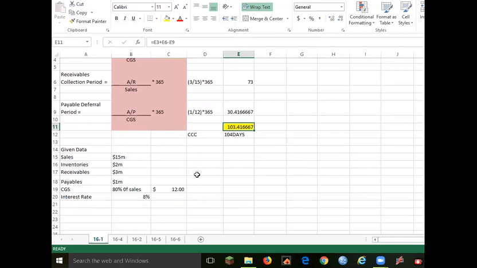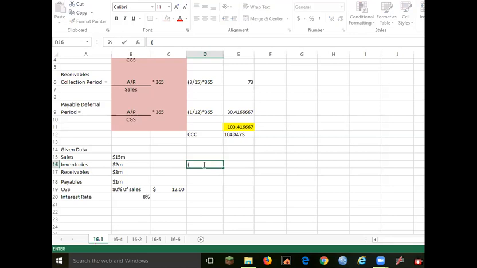In requirement 2, they have lowered the inventory by 10%. So we are going to calculate the inventory, receivable and payables figures again. We decrease inventories and receivables by 10%.